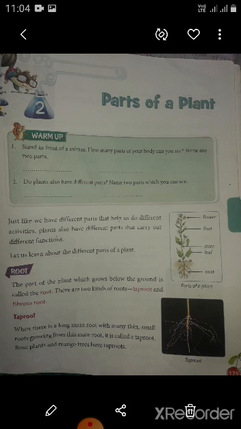Rose plants and mango trees have taproots, which grow deeply into the soil.